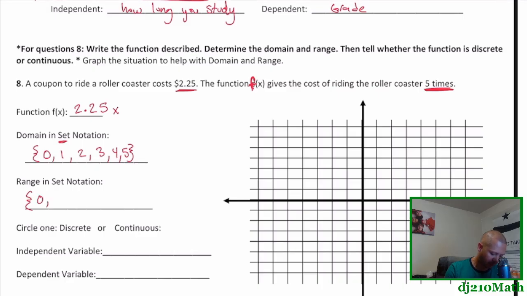So I spent 0 money when I didn't ride at all. $2.25 when I rode it once. $4.50 when I rode it twice. $6.75 when I rode it 3 times. $9 when I rode it 4 times, and then $11.25 when I rode it the 5th time.